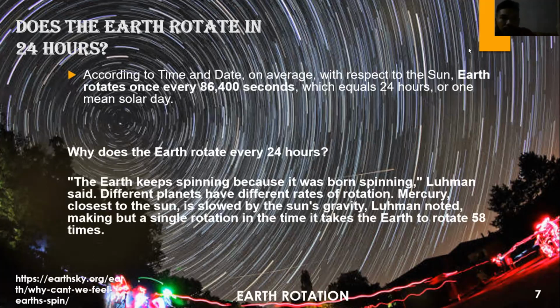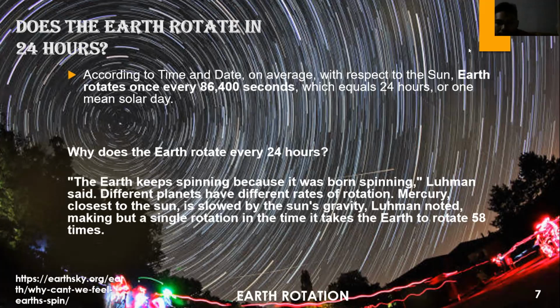Why does the Earth rotate every 24 hours? According to Luhmann, the Earth keeps spinning because it was born spinning. Familiar naman tayo or gets, di ba? The Earth keeps spinning because it was born spinning.